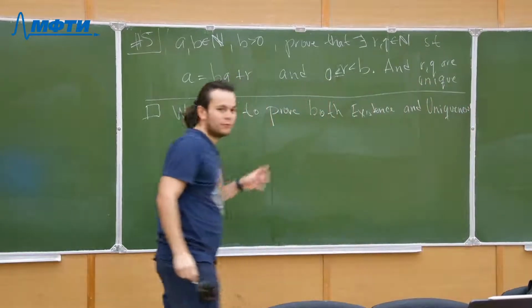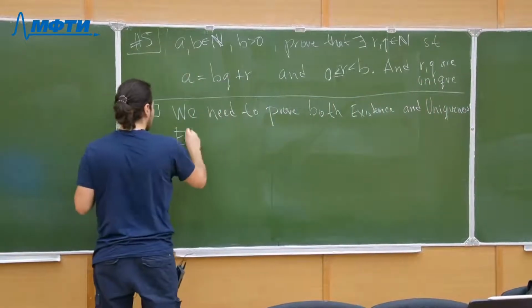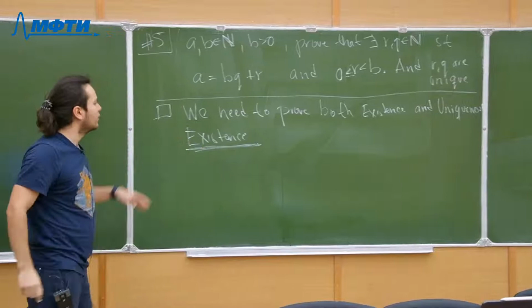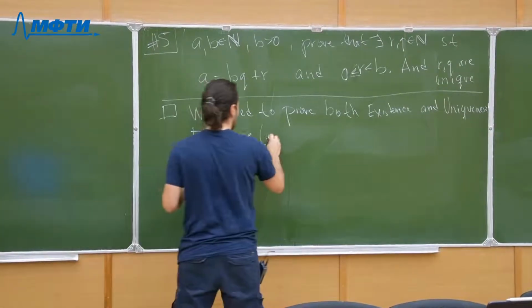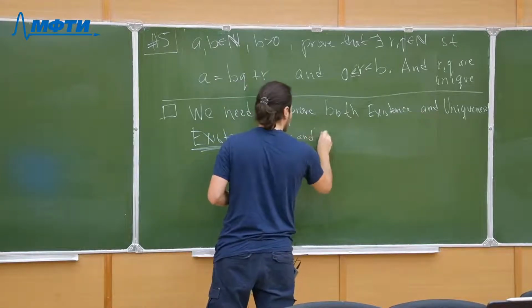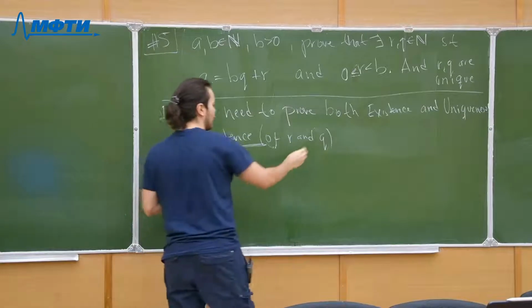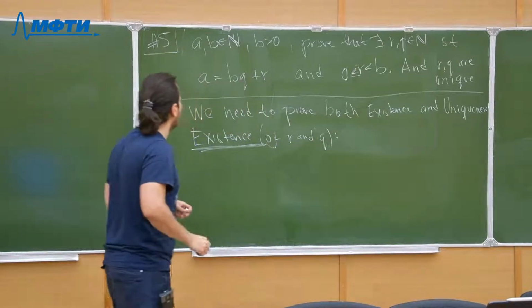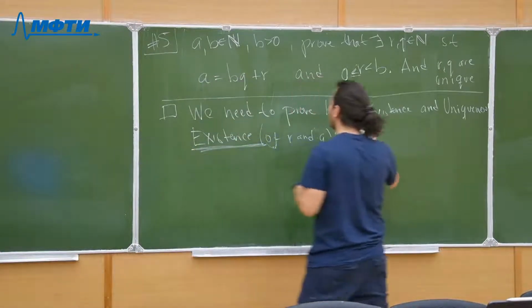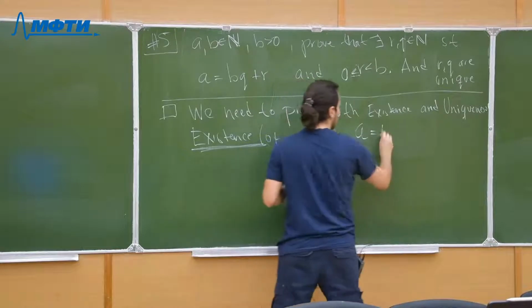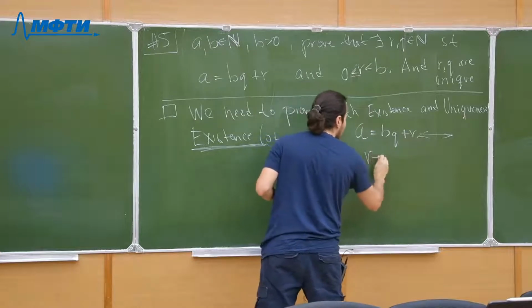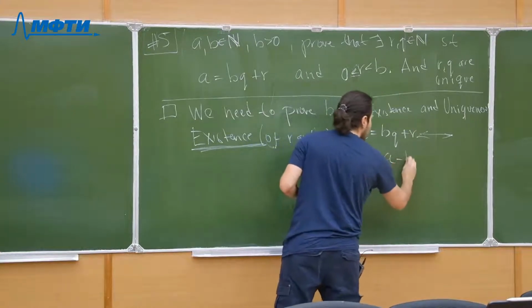First of all, let's prove existence of R and Q. Look at the equation: A equals BQ plus R, which is the same as writing R equals A minus BQ.